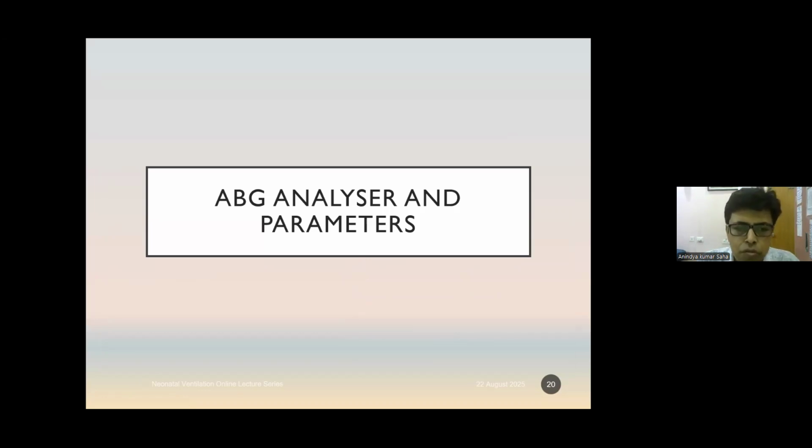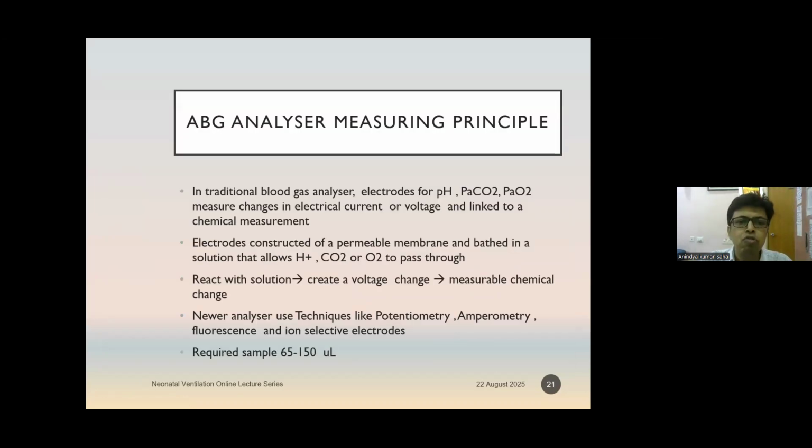Next, I will discuss the machines and the parameters. In the traditional ABG analyzer, there are electrodes which directly estimate pH, PCO2 and PO2. Those electrodes are constructed of a permeable membrane and bathed by a solution.